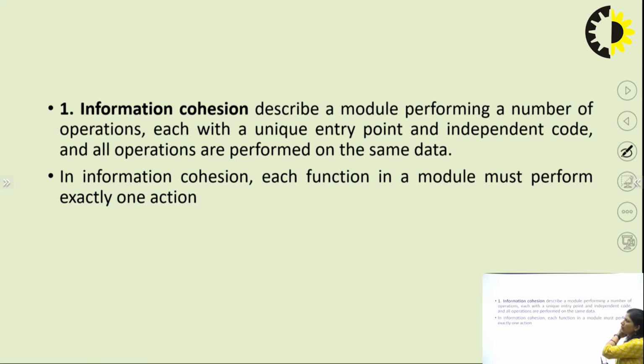Informational cohesion describes a module performing a number of operations, each with a unique entry point and independent code, and all the operations are performed on the same data. So in informational cohesion, each function in a module must perform exactly one action.